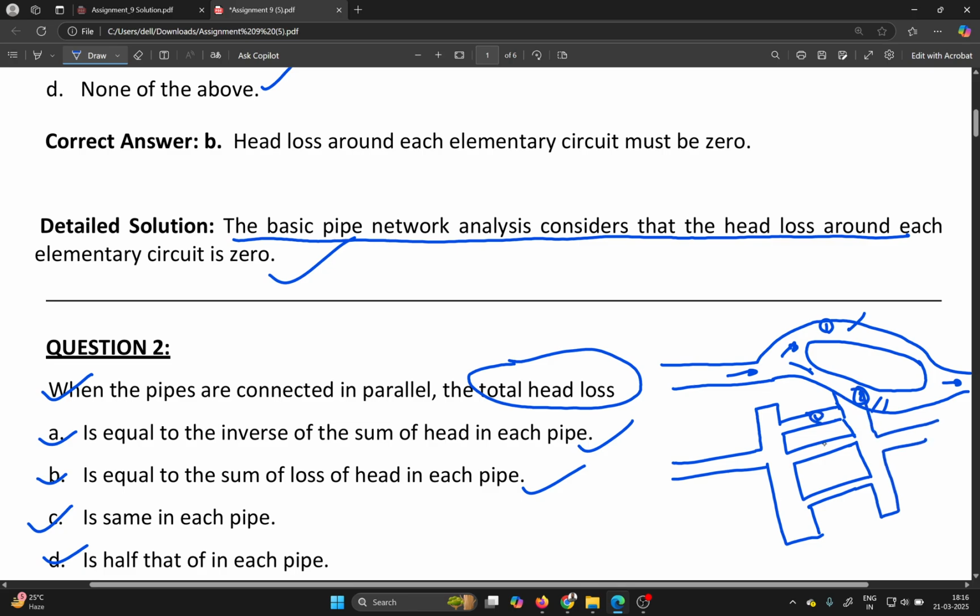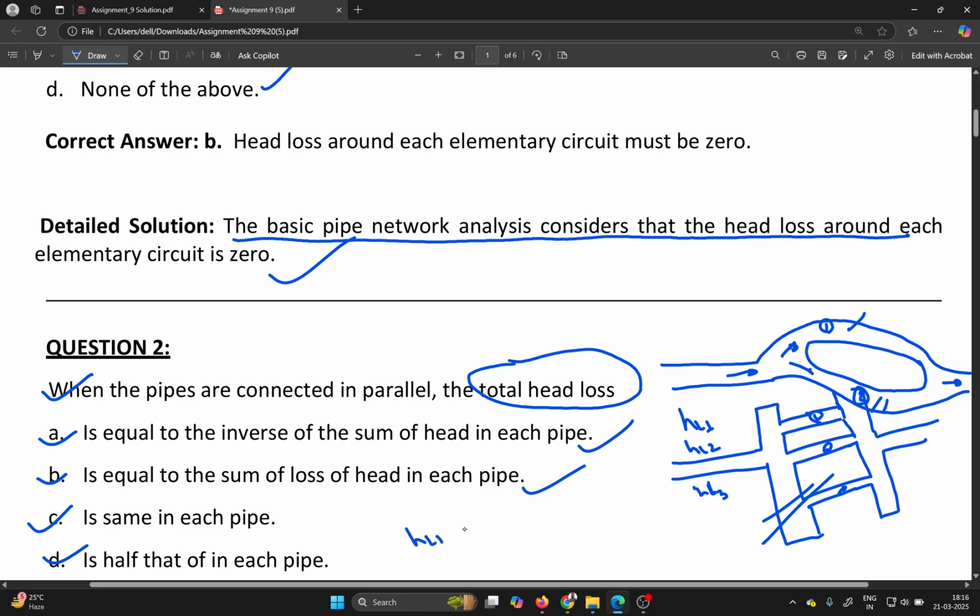So this is the first pipe, second pipe, third pipe, all three in parallel. In such case, let us suppose head loss in first pipe, head loss in second pipe, head loss in third pipe will be equal.